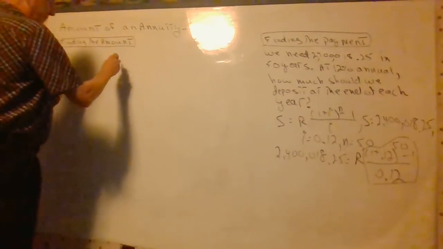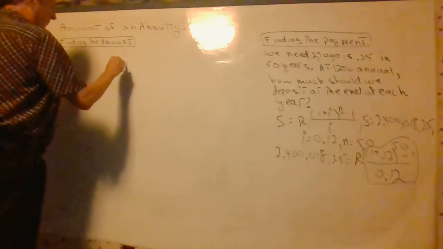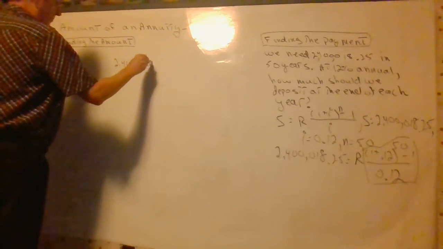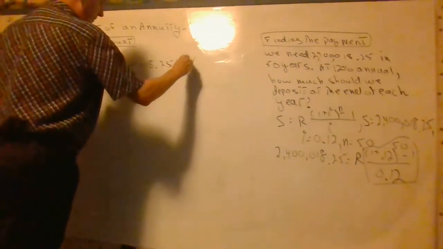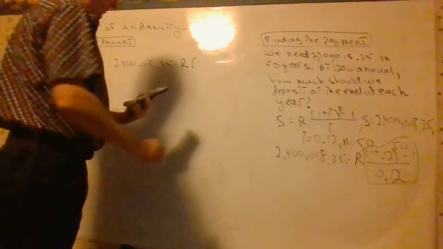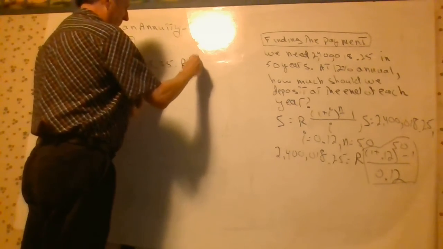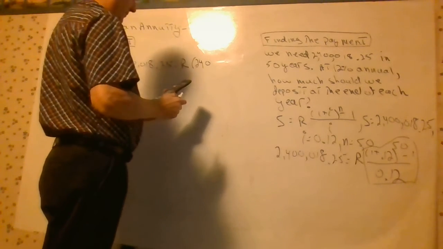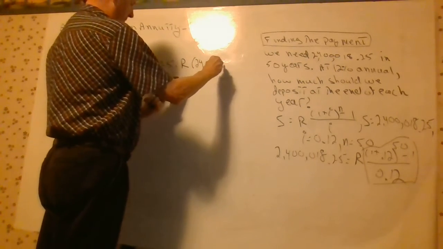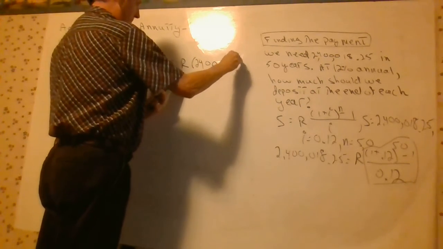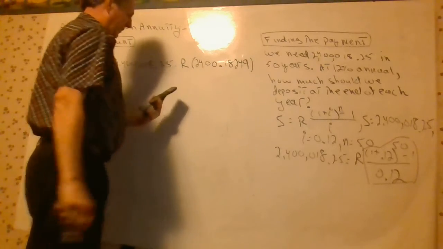Okay, and we can rewrite this equation. 2,400,018.25 is R times, we replace that with 2,400,000.249.